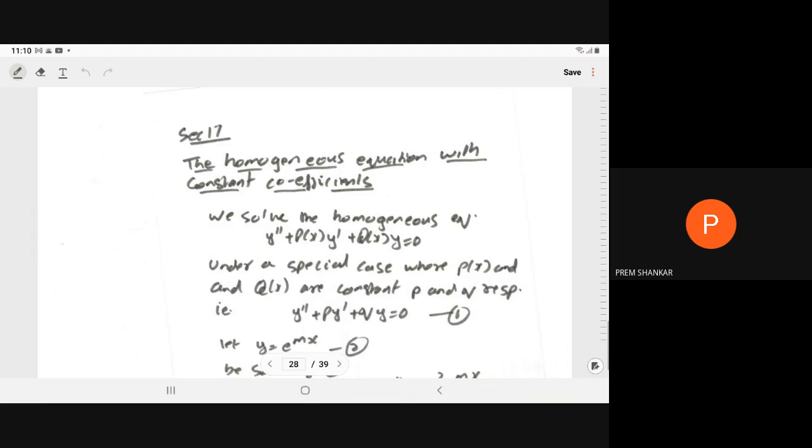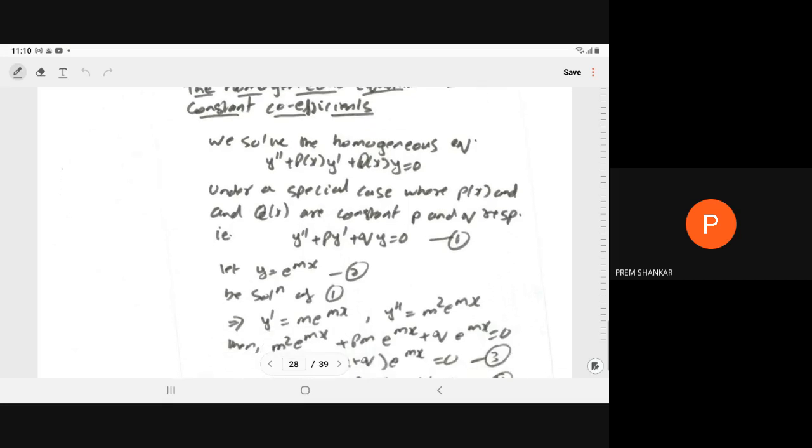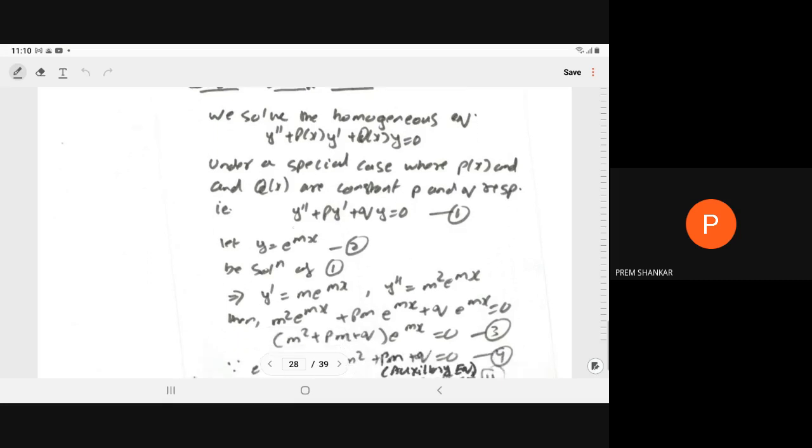So here we solve the homogeneous equation y double dash plus p(x) y dash plus q(x) y equal to 0 under the special case when p(x) and q(x) are constants, let's say p and q. So our equation will be this one, right? Let's say this is equation number 1, y double dash plus p y dash plus q y is equal to 0.